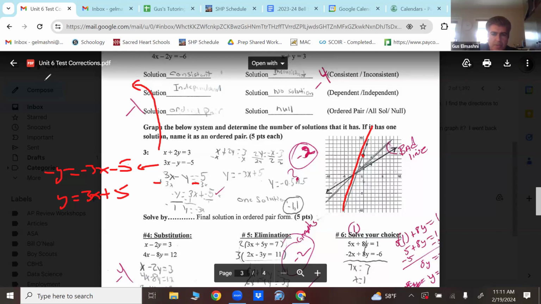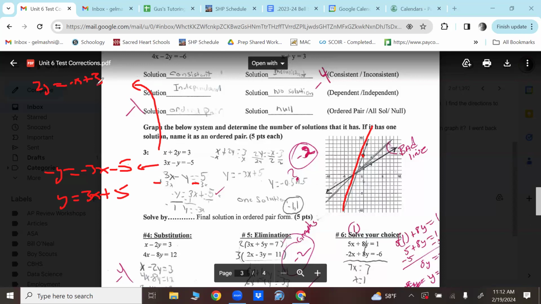So you want to move the x over. You did that correctly, but it's 2y equals -x plus 3. Then divide by 2. So it's 3 halves.